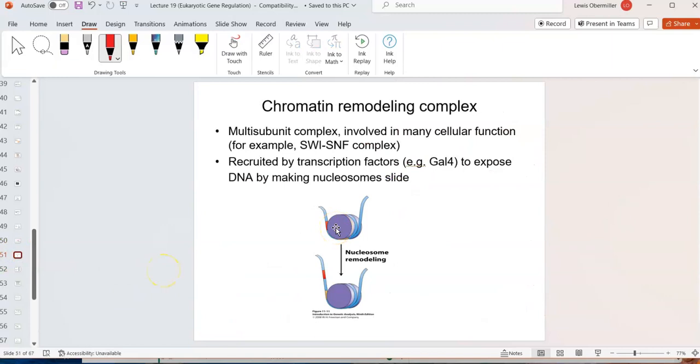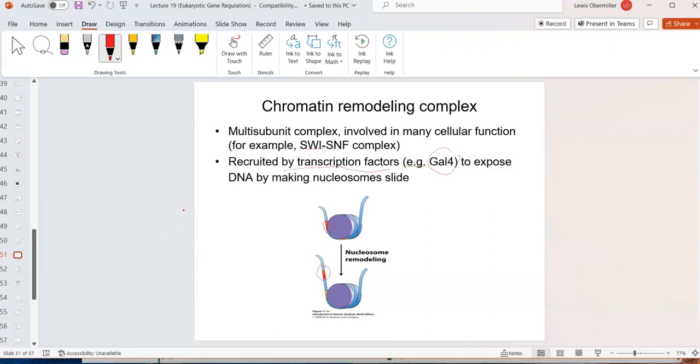All right, so we can physically do this too through the switch SNF complex. So it can be recruited by transcription factors like Gal4 to expose DNA to make the nucleosomes actually physically slide. So let's say that this is our promoter. It's hidden here.